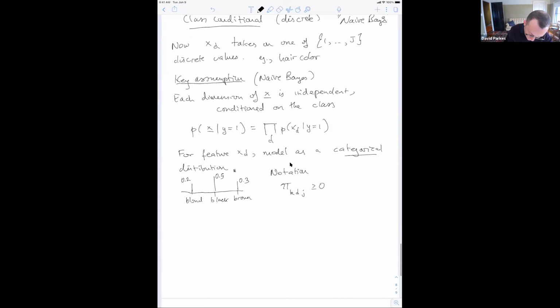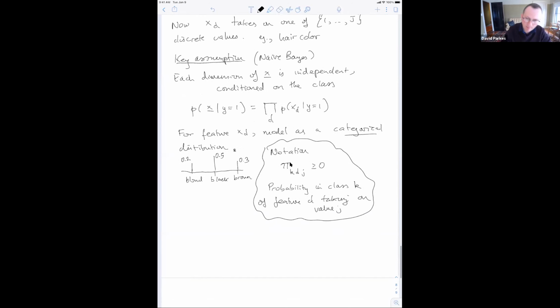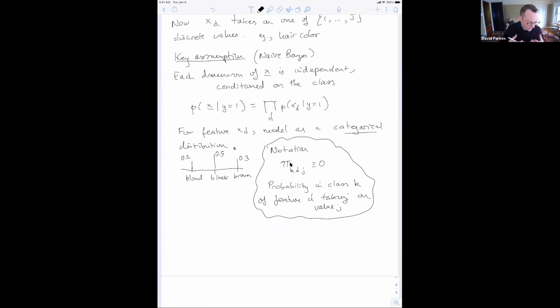So what is this? This is the probability in class K, so far our classes have just been binary, of feature D taking on value J. And because of our independence assumption, that will completely describe our model.